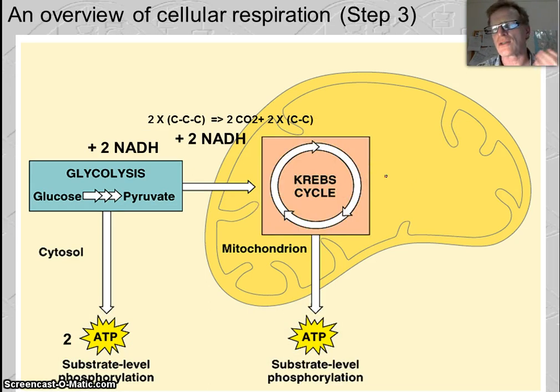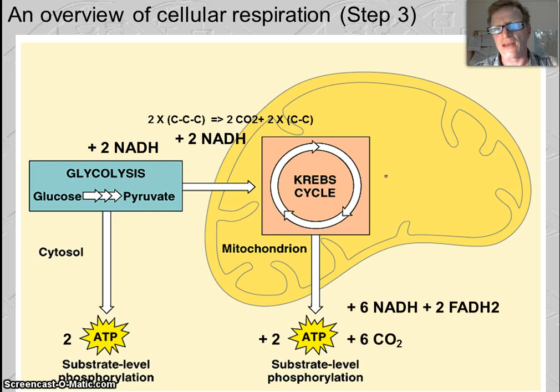And when we do that, we essentially are chopping these carbons up and taking the rest of those high energy electrons on the hydrogens and using them to make a lot more NADH. So we're again oxidizing the molecule, the rest of the sugar, to reduce this molecule, and we're also reducing another molecule called FADH2.